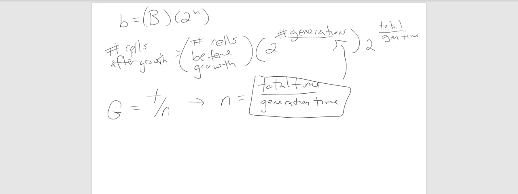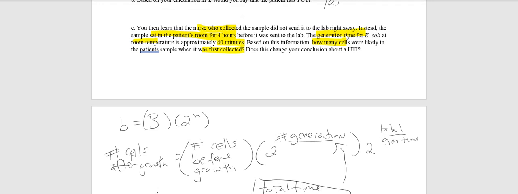So if we come back up to the problem to see what our values are, we're trying to solve for the number of bacteria that was there when it was first collected. Okay, so remember, it's grown for 4 hours. So we're trying to solve for big B in this case, the number of cells before growth.